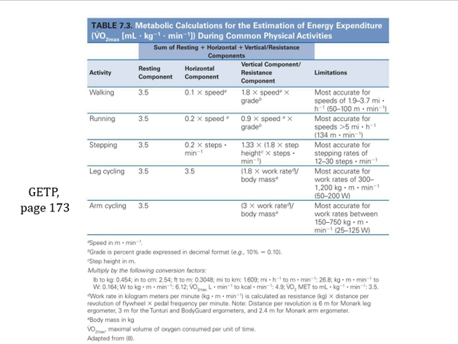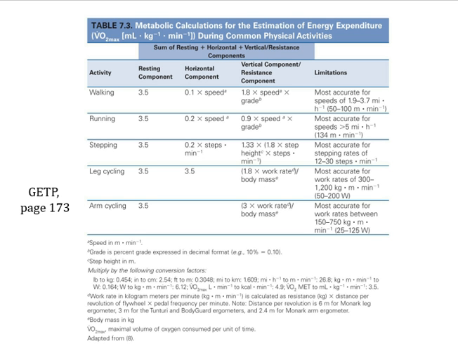So always when you're looking at the total energy expenditure, if you look at the very top under the title, it says the sum of the resting plus the horizontal plus the vertical or resistance components. Okay, so what does that mean? For each activity, there's always a resting component.